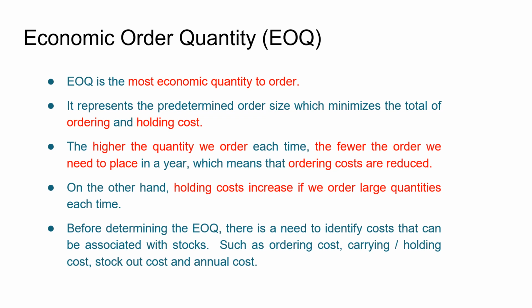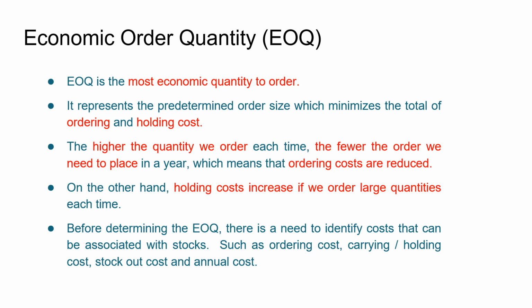I've mentioned before that EOQ is one of the ways the company adopts in its inventory management. In fact, it is one of the popular methods. What is EOQ? The most economic quantity to order. In other words, it refers to the quantity of order which can minimize the ordering cost and also the holding cost.